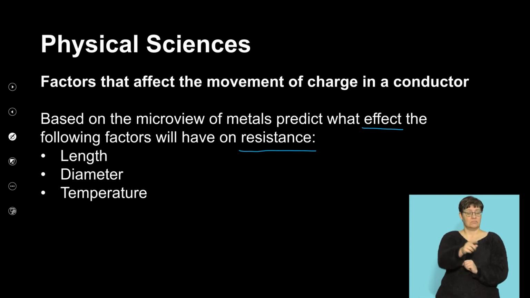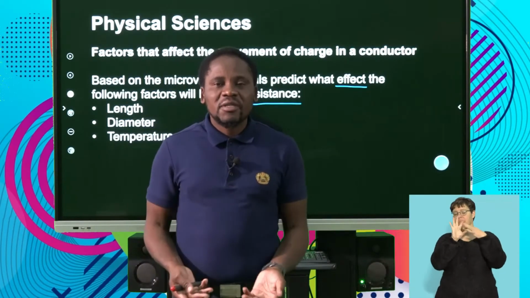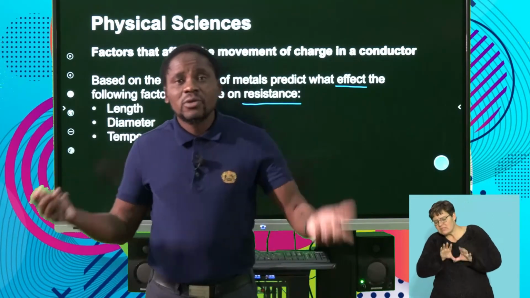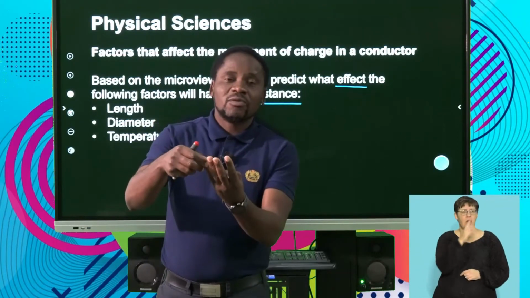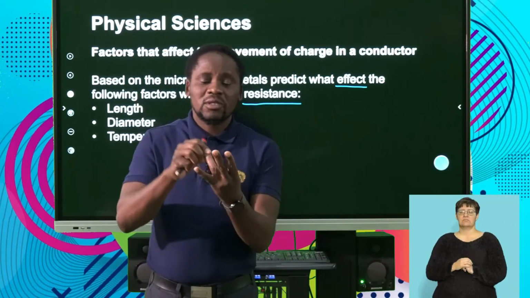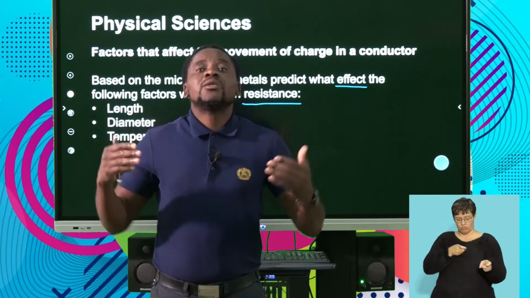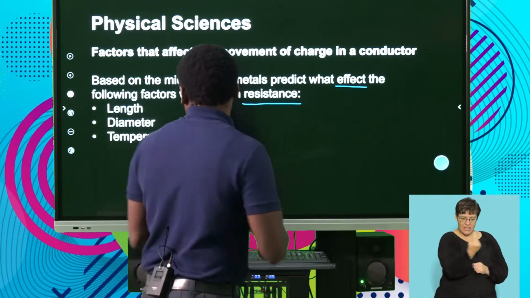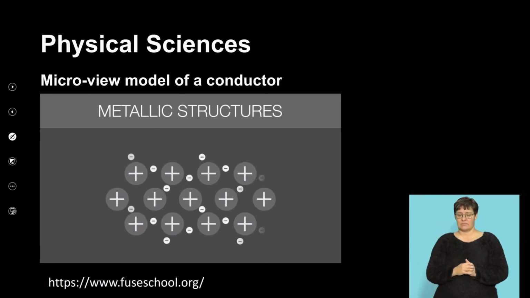But when we want to explore those mathematical relationships, we also want to think about the scientific process: there are some variables involved. We want to think of the independent variable, the dependent variable, as well as the control variable. We need to explore each factor one at a time. And this is the micro view as we know it.